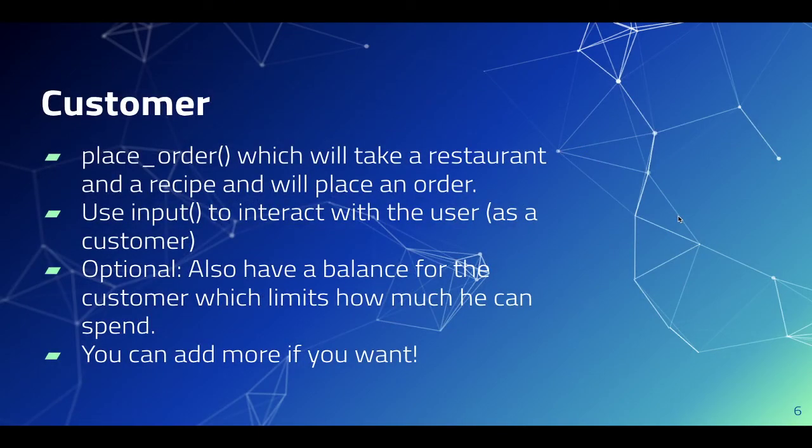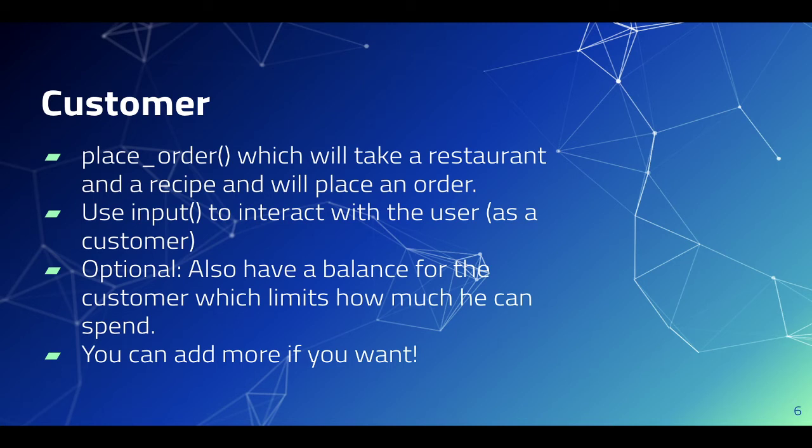So you can see how the interactions are coming along with these three different classes. And finally, we have our customer class. This is our final third class. You could include more, but this is the final class, called customer. This customer class will have a placed order method, which will take a restaurant and a recipe and place an order.